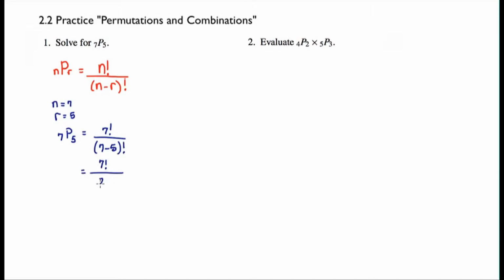So we can use the formula 7 factorial over 7 minus 5 factorial. And 7 factorial means 7 times 6 times 5 times 4 times 3 times 2 times 1 over 2 times 1. And then we can simplify this. I need to get the calculator here.